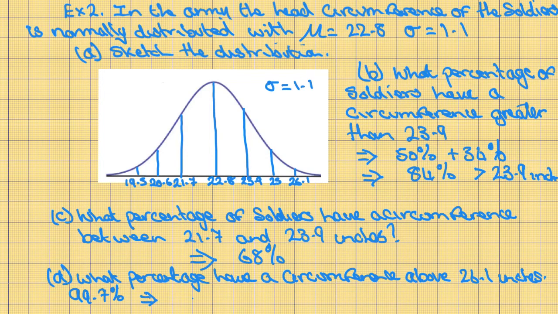Therefore, above 3 standard deviations is equal to 0.3% divided by 2, which is 0.15% of all the soldiers.